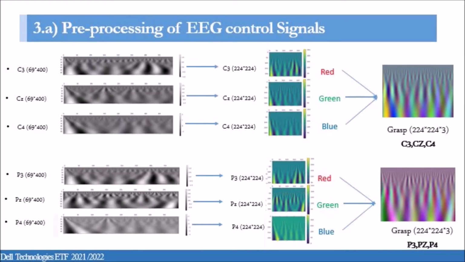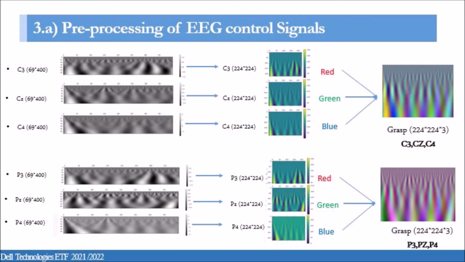Okay, in this step, we use continuous wavelet transformation, CWT, to transform the one-dimension EEG control signal array into a two-dimension matrix in frequency domain known as a scalogram. We use analytic Morse wavelet as the mother wavelet with a sliding window of 400 samples, equivalent to 0.8 second duration, with 100 samples overlapped.